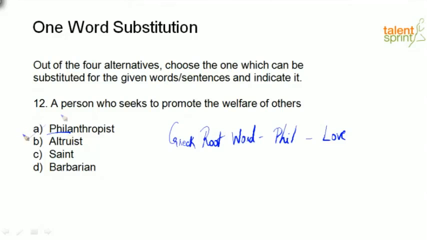So, option A. Again, one of the ways in which you can connect to the phrases is, like I said always, look at keywords. Promoting welfare of others, that's the keyword. Somebody who seeks to promote the welfare of others cannot possibly do that if they don't have love, or in this context we're talking about compassion. Compassion for another fellow being.